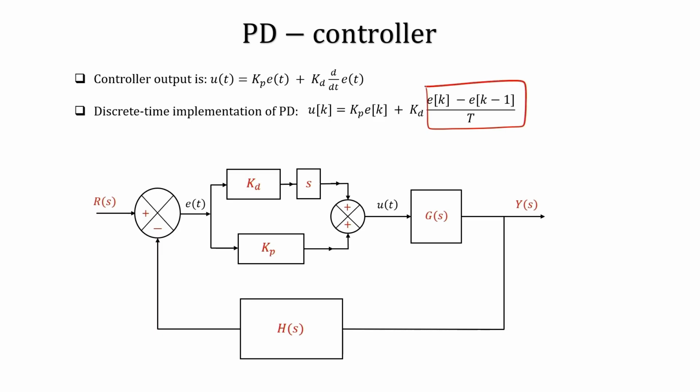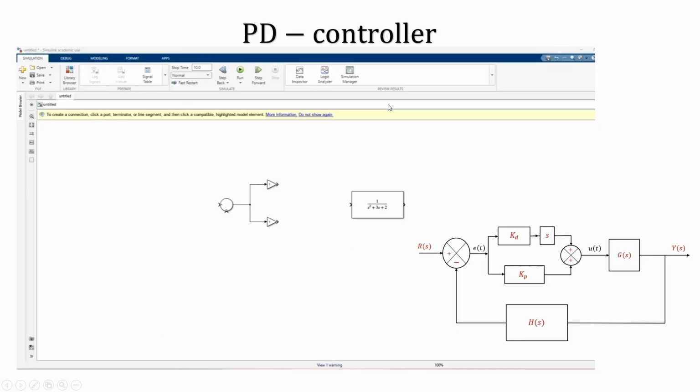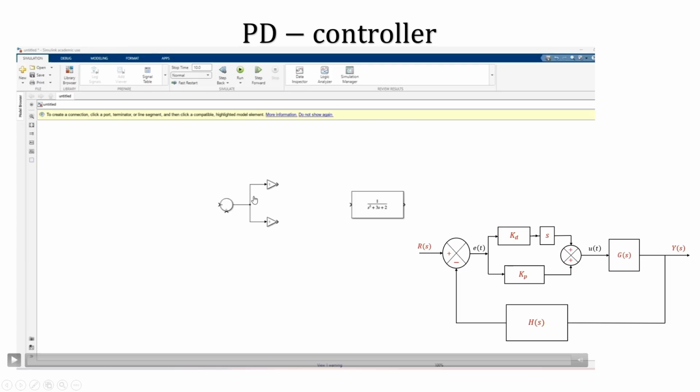In this case also we are finding the difference between consecutive samples of error divided by T, but here we find the difference between the present sample and the past sample, not the future sample and the present sample. That is why this implementation becomes implementable.